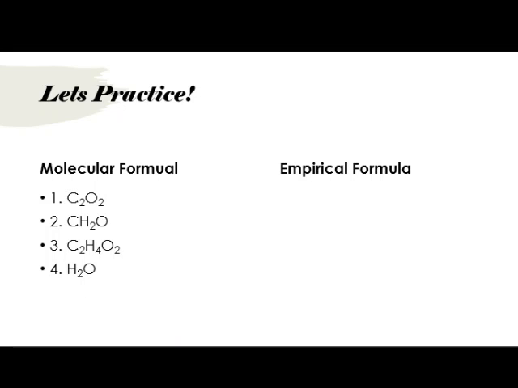Notice some of these, the empirical formula may match the molecular. If you can't reduce it, then it's the same. So take a minute, pause the video, and write the empirical formulas. Each of them is going to have one, but it may be exactly what the molecular formula looks like.